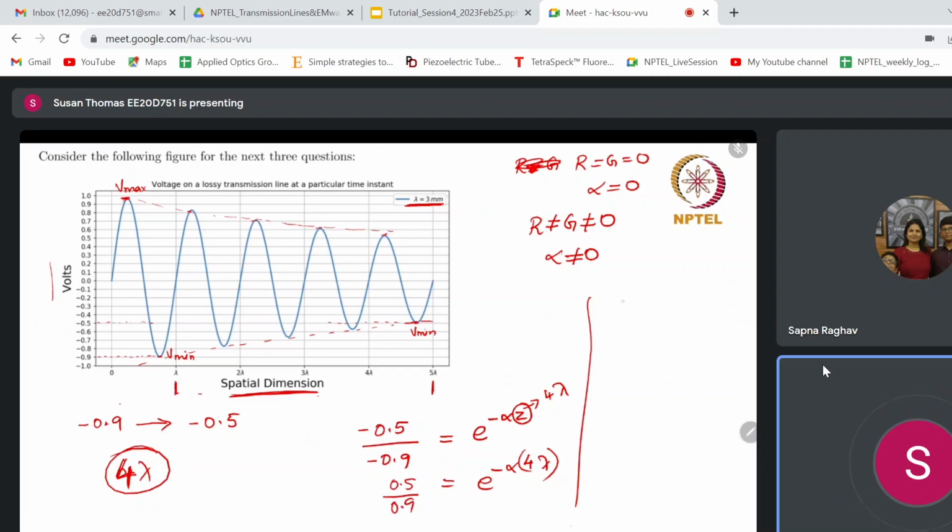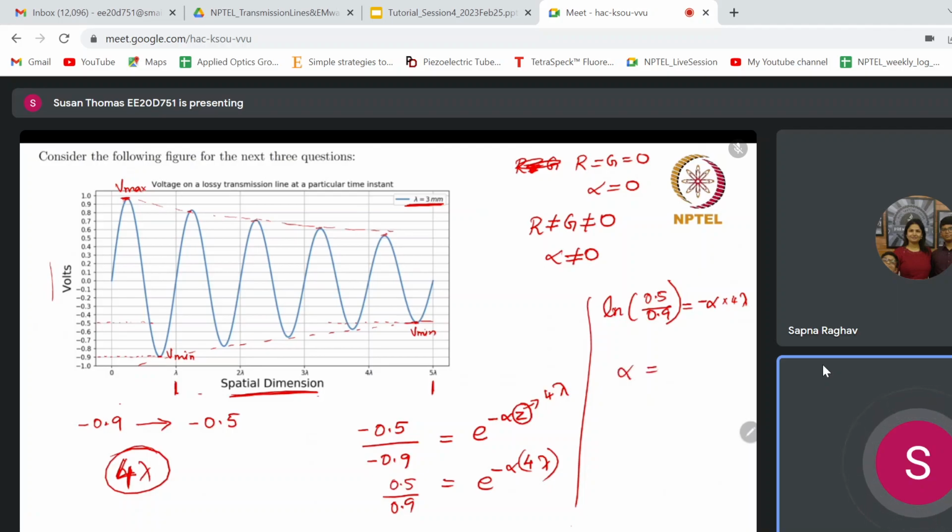Now, so here you have e, to make it easier, take a logarithm on either side. So ln of 0.5 by 0.9, ln e becomes minus alpha into 4 lambda. Now here you know the value of lambda.